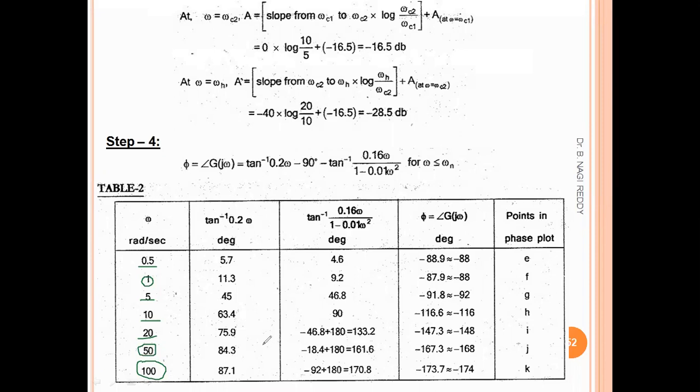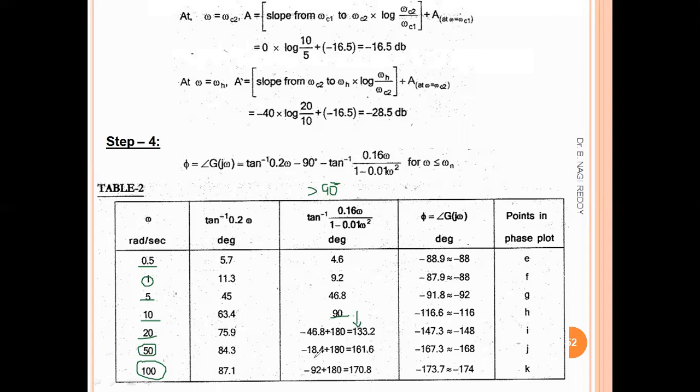However, in the theory, we have seen that when the tan inverse angle is greater than 90, that means we will get negative values. Up to here, it is okay. From this point, the tan inverse angles are coming negative.